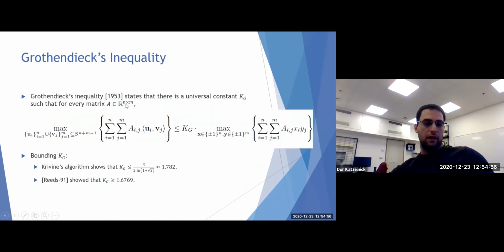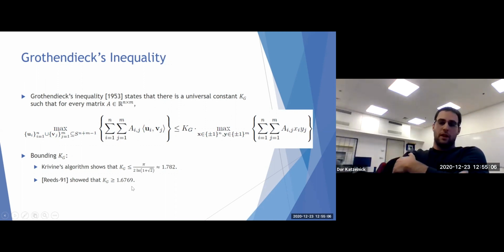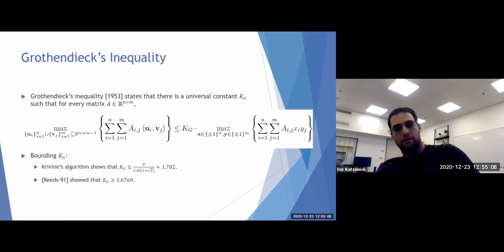But considering the lower bound on this constant, this means we cannot hope for a better approximation for max biquad using this relaxation than 1 over this number, because this constant is basically the integrality gap of this relaxation.